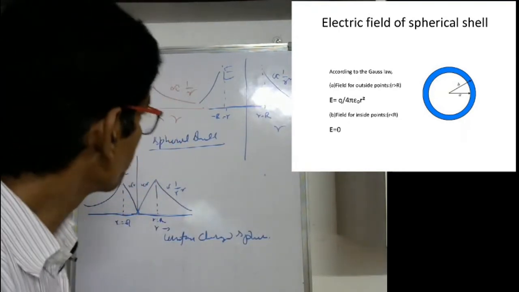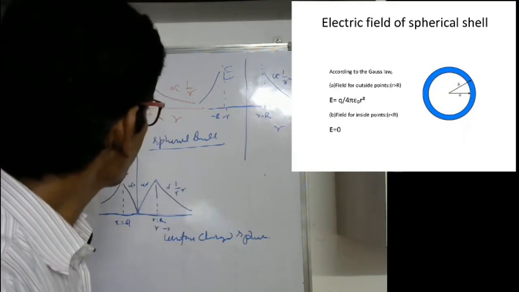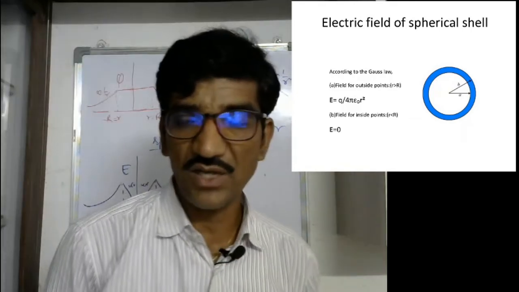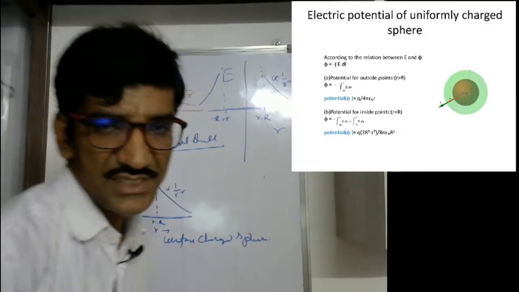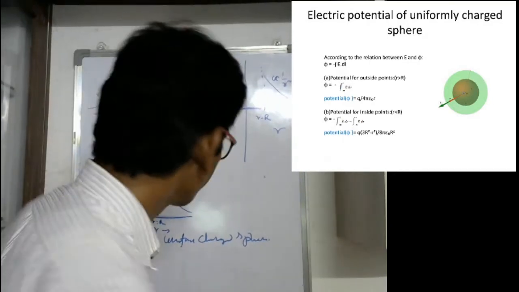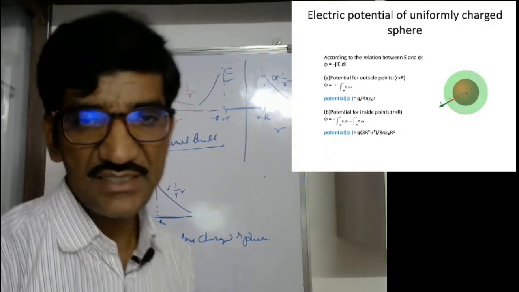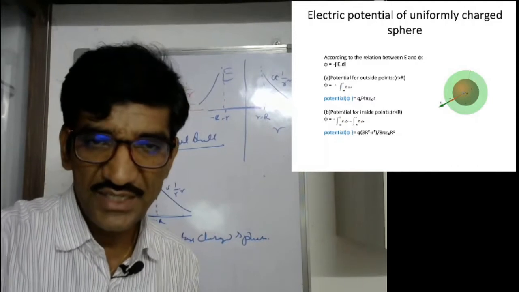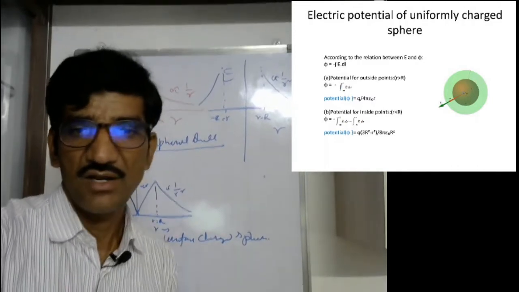Next, in the case of the potential versus R graph, what happens for the outside points? Your potential varies as 1 by R outside of the uniformly charged sphere, but for inside points the potential varies as some constant minus R square.